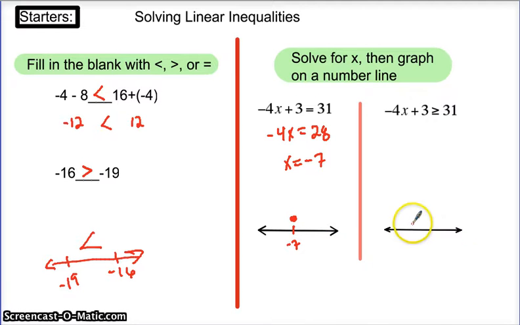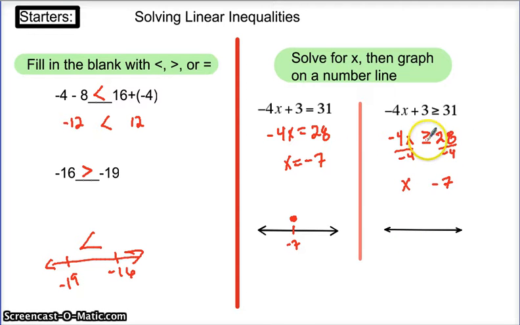If we're looking at an inequality, and notice the numbers did not change, the same idea holds. Negative 4x, subtracting our 3, is now greater than or equal to 28. And if I divide by negative 4, remember that x is now related to negative 7 the same way it was before.